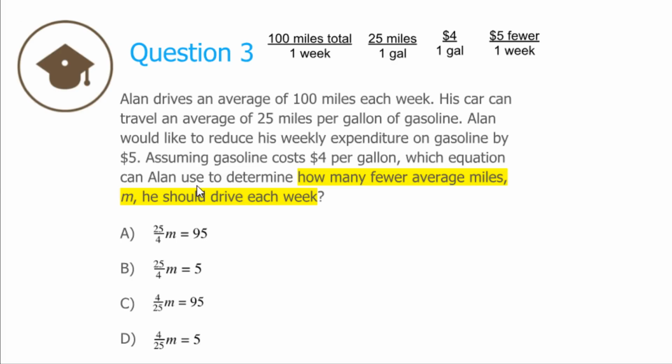Which equation can Alan use to determine how many fewer average miles M he should drive each week? So he wants to drive M miles fewer per every 1 week.